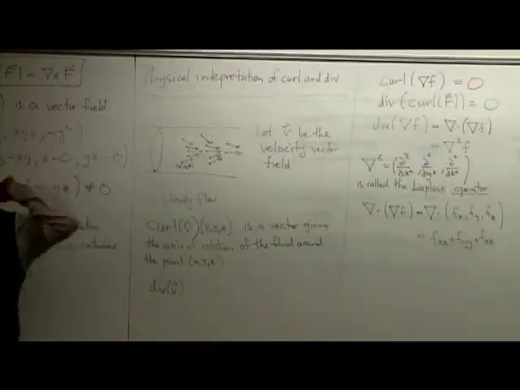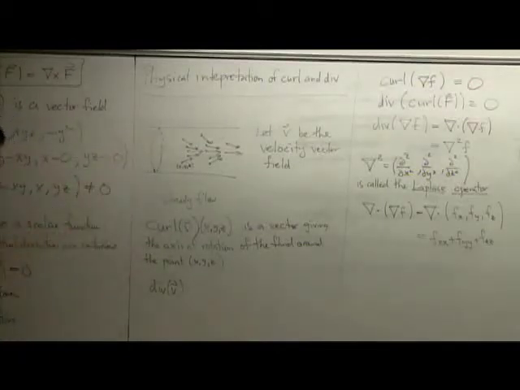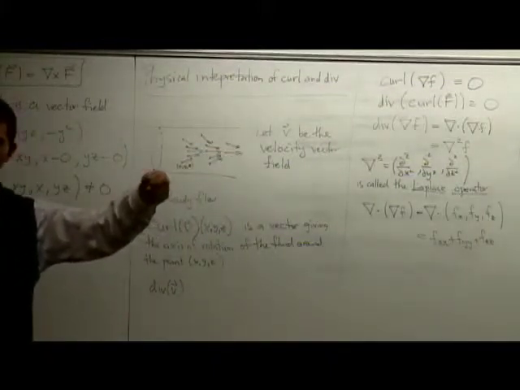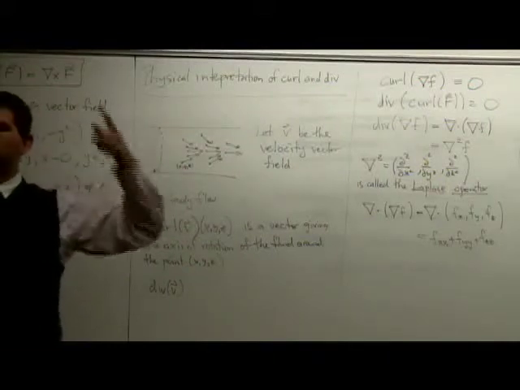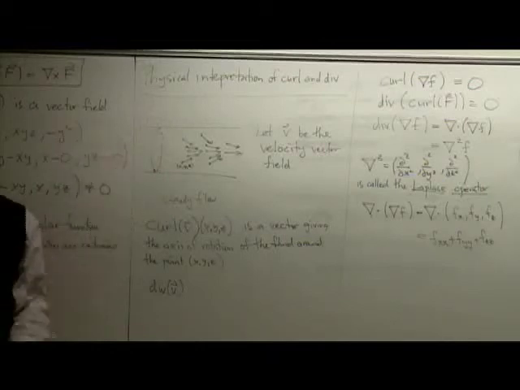Okay, so you have a vector and that gives you a direction. What else is important? Well, the length of that vector is always important, and the length of that vector is telling you how fast the stuff is moving. So the direction of the vector is telling you the axis of rotation.